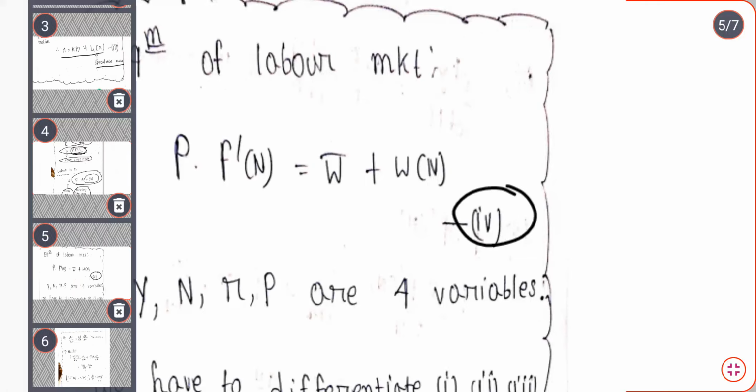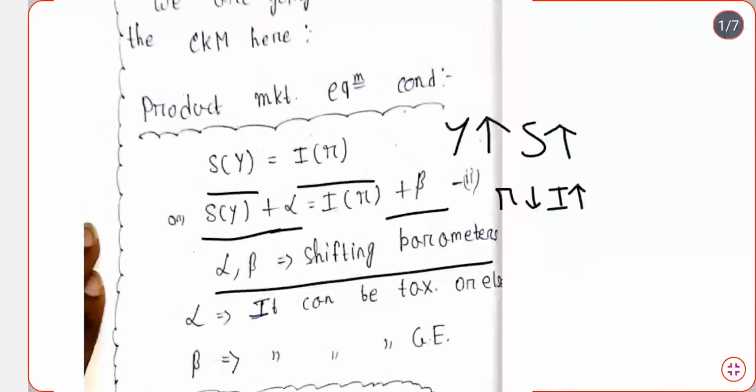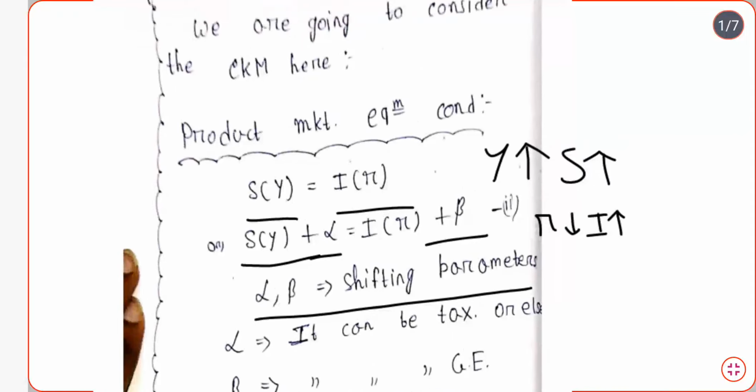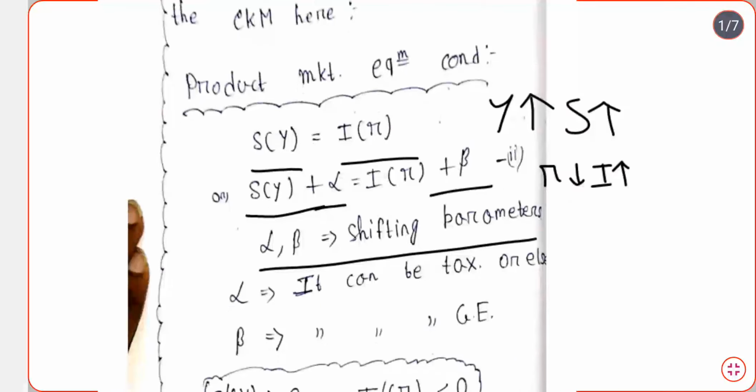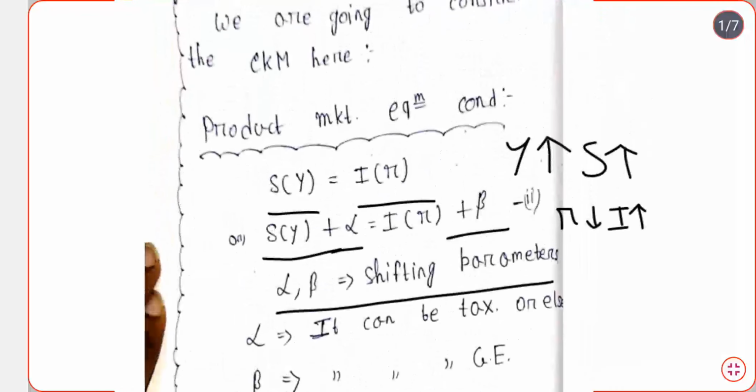Now let me revise all of those equations that we have derived from the entire theory. Sorry, this is given as the second equation, but it is supposed to be the first equation. Let me correct it here.